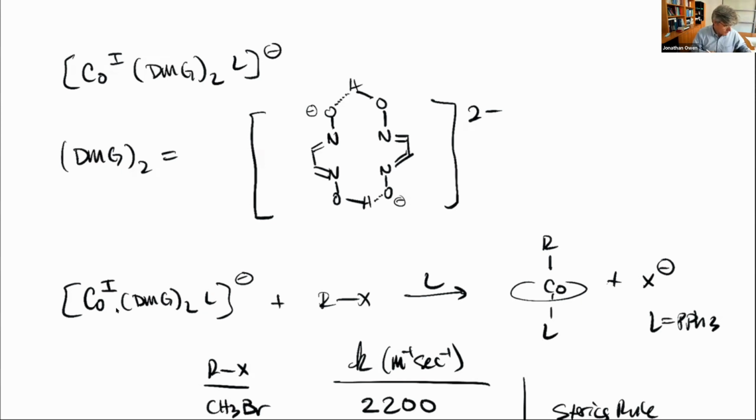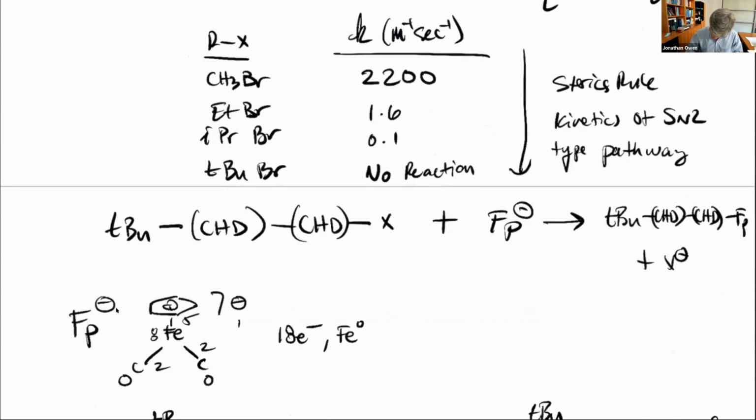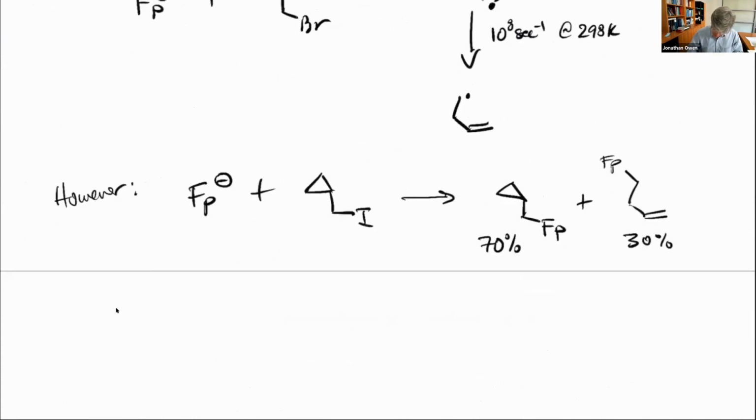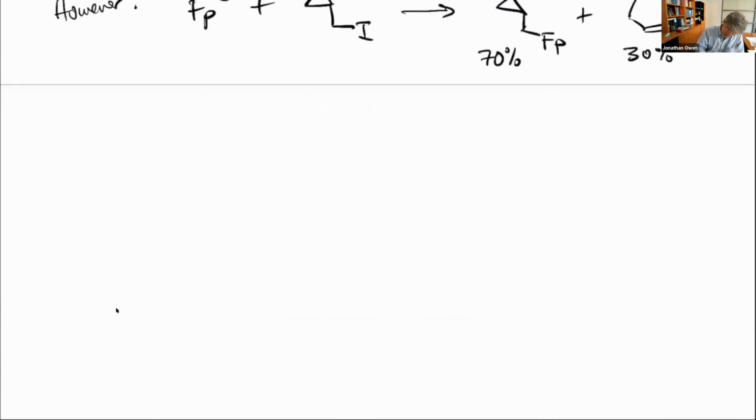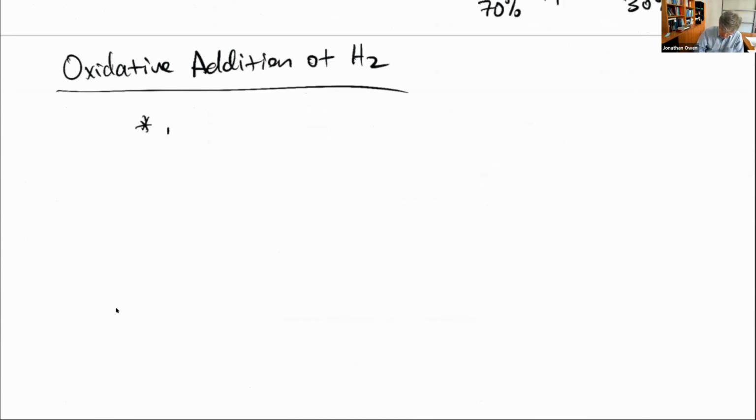All right, so I think that's enough. I'm going to stop with that and transition here to oxidative addition now. But we're going to talk about oxidative addition of dihydrogen. So here, things are a little bit simpler. There's no radical chemistry going on with dihydrogen.